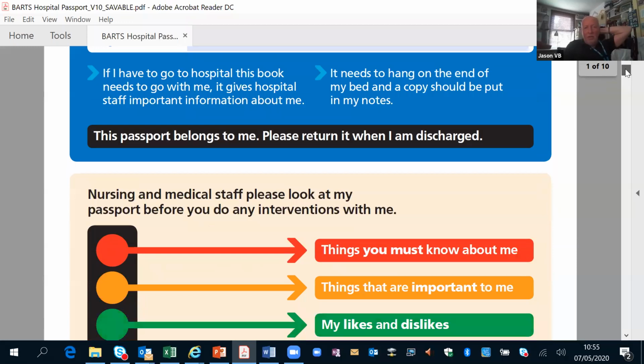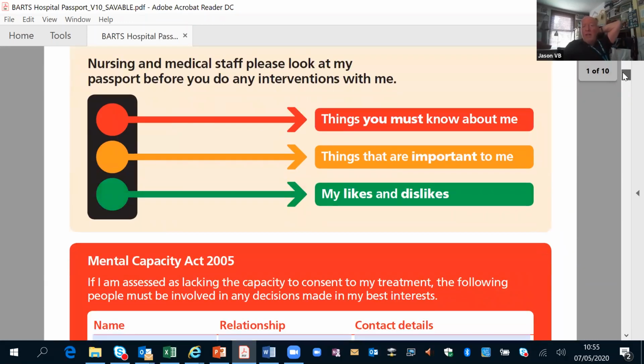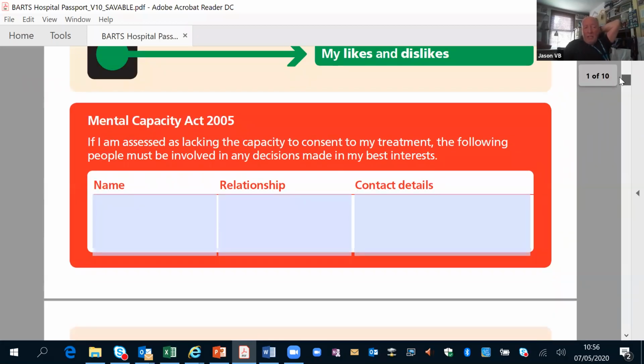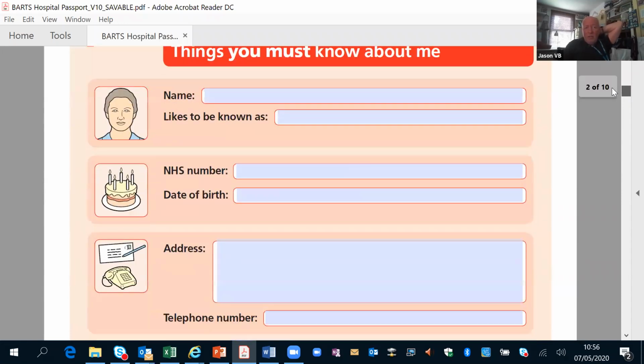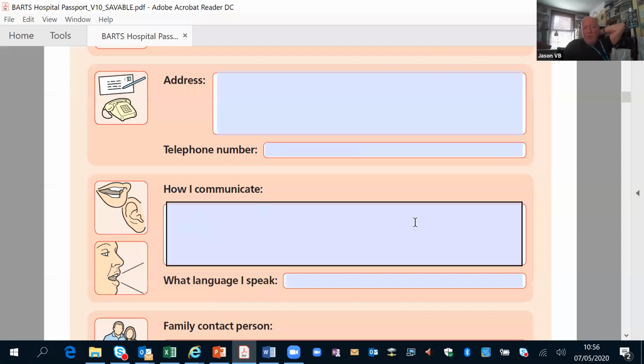So you've got the things you must know about me, things that are important to know, and then the green bit, my likes and dislikes. Next of kin, or someone there about consent and capacity and best interest decisions. So you've got your personal details, languages. This is the bit I keep banging on about.